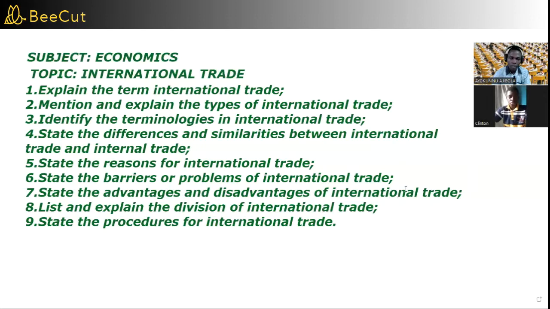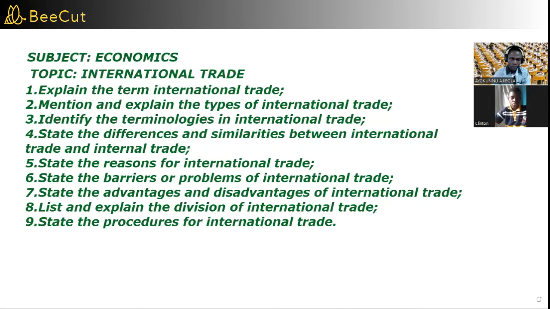Then to list and explain the division of international trade, and to state the procedures for international trade. So these are the 9 objectives, and this is the area that WAEC will ask questions on based on the topic international trade.